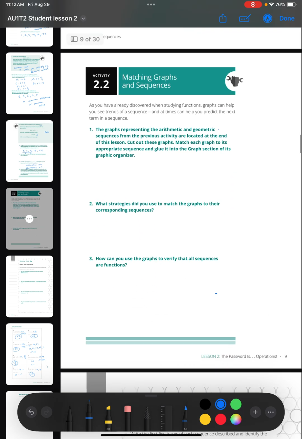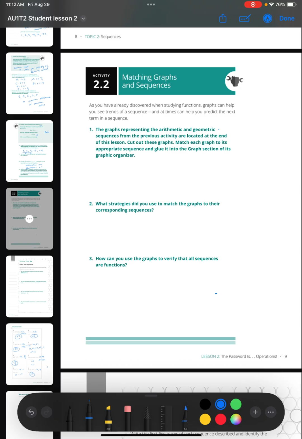All right, next page. This is one that you probably try on your own with the graphs. It says, as you've already discovered when studying functions, graphs can help you see trends of a sequence, and at times can help you predict the next term in the sequence.